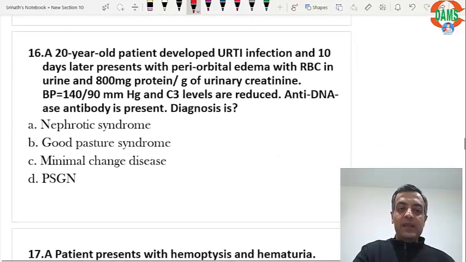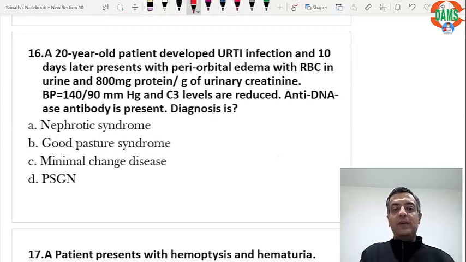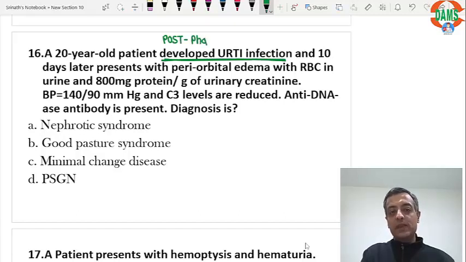A 20-year-old patient developed upper respiratory tract infection followed by elevated creatinine. So the patient is having a post-pharyngitic glomerulonephritis.